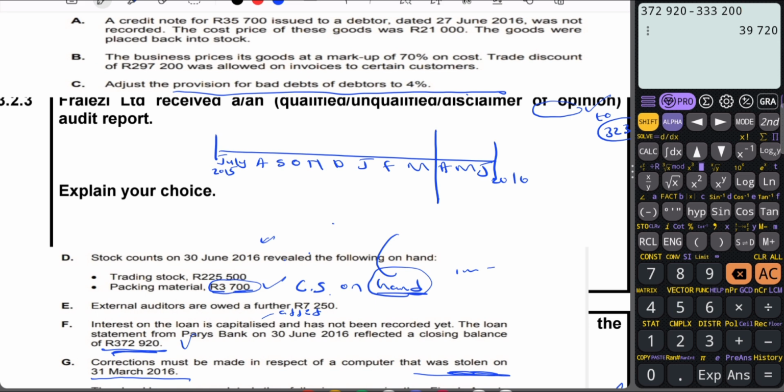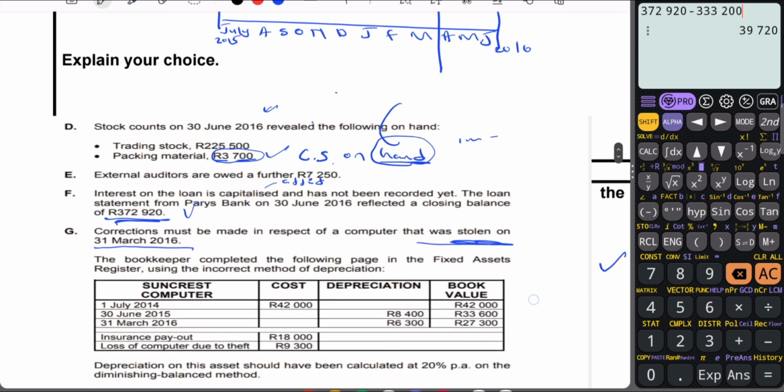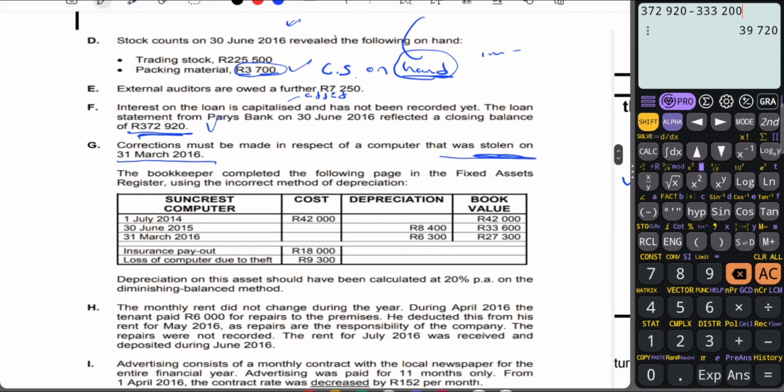So now we need to calculate the depreciation on this equipment. Let's go and check. We are given the cost price, we are given the book value. This one is from the date of purchase. It means it was purchased on 1 July 2014 at the beginning of the financial year. Then on 30 June we had a depreciation of 8,400, and this is the amount that we are given. This is a book value.